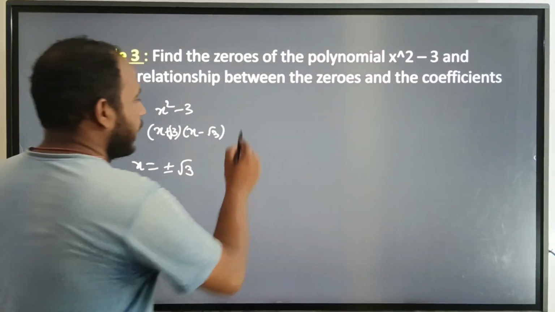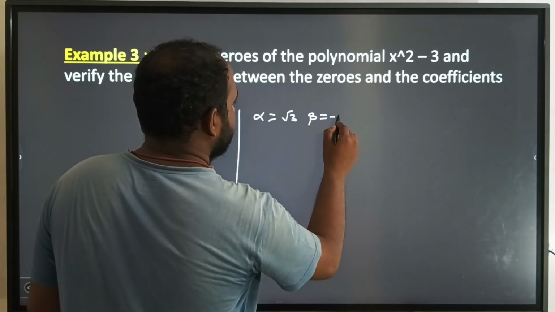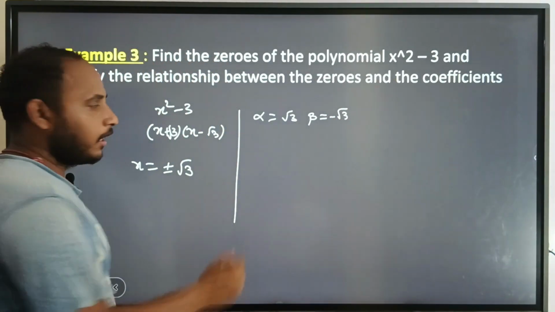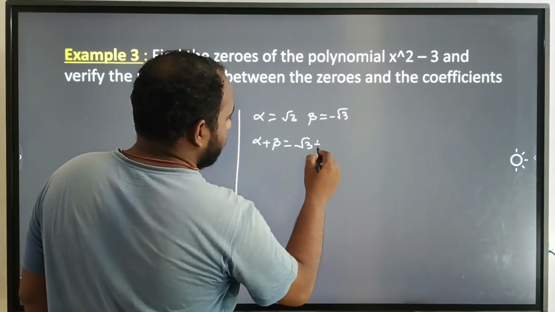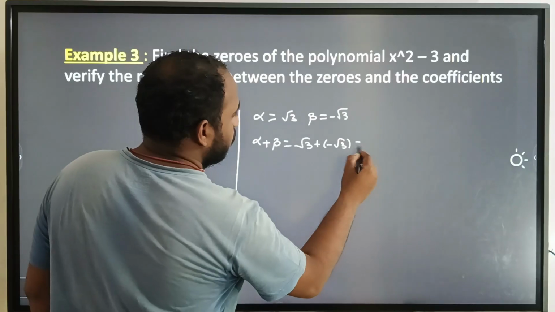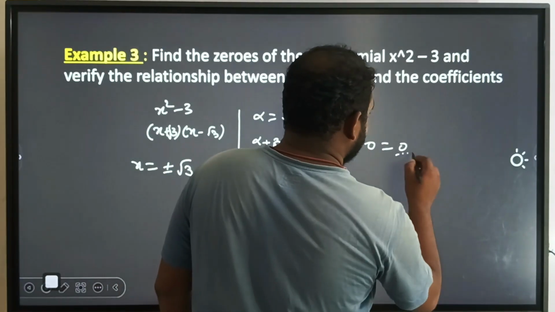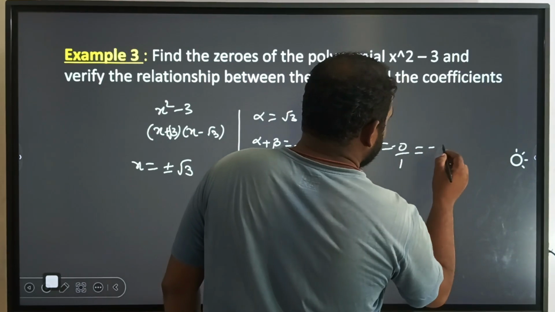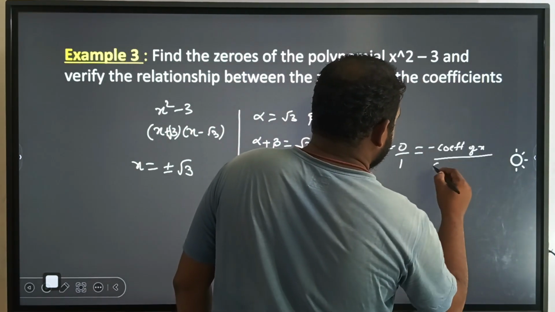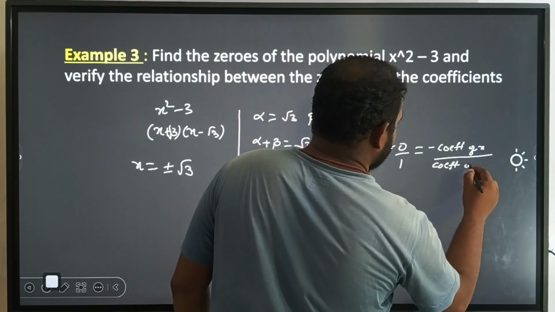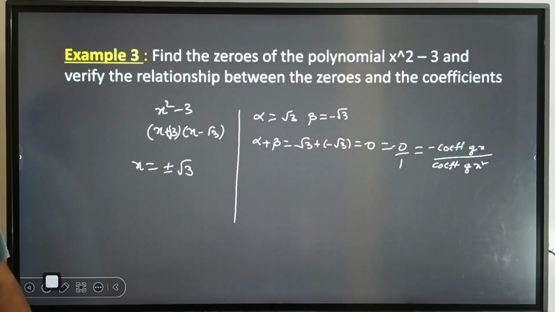Now we have to verify the relationship. Let alpha equal root 3 and beta equal minus root 3. Therefore, alpha plus beta equals root 3 plus minus root 3, which is equal to 0, which is equal to 0 by 1, which is equal to minus of coefficient of x divided by coefficient of x square.